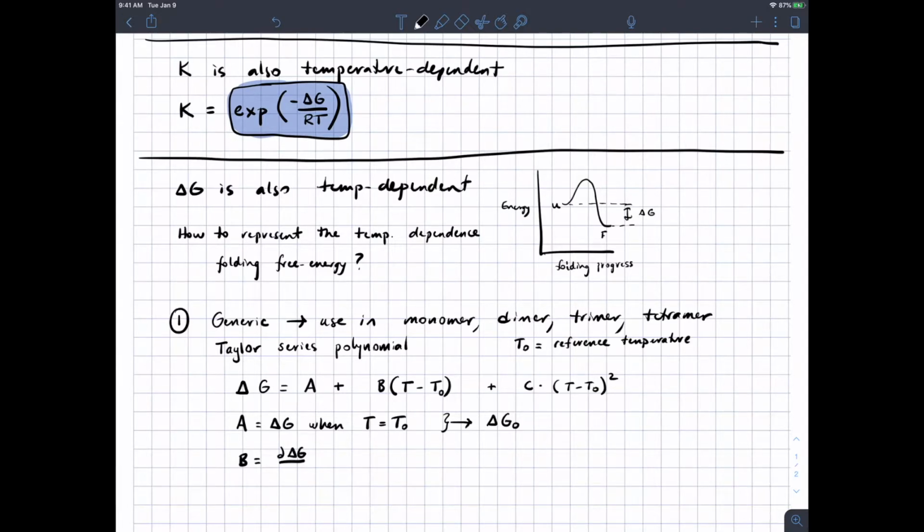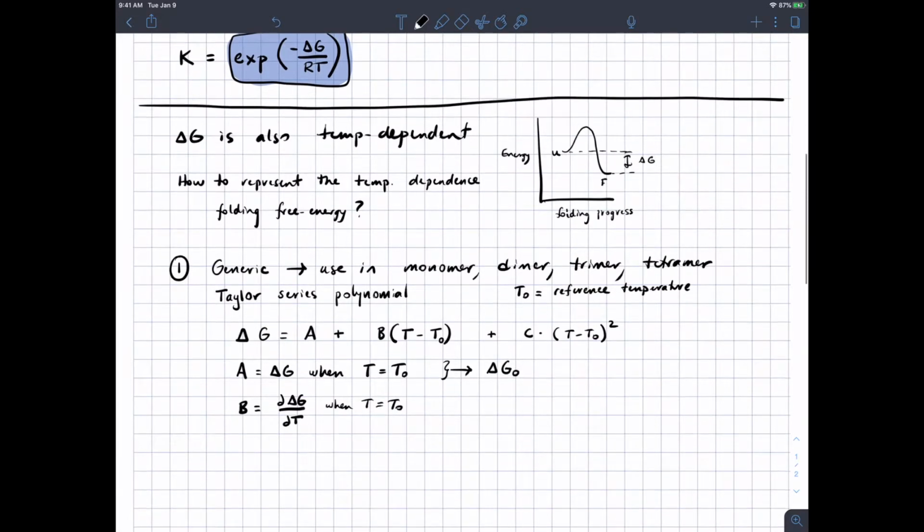As I said, the slope is the first derivative of delta G with respect to temperature when T equals T0. And we're going to call this delta G1. The 1 subscript indicates that this is the linear term in our Taylor series polynomial.